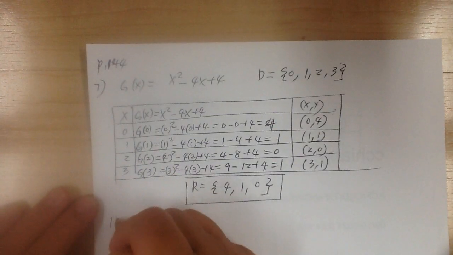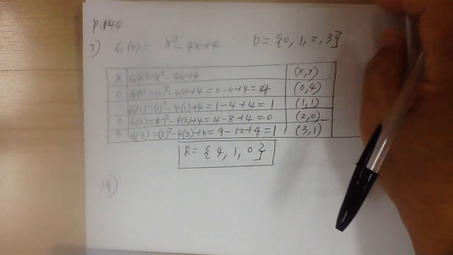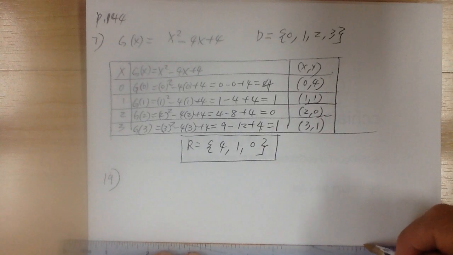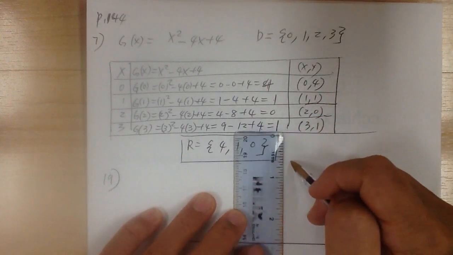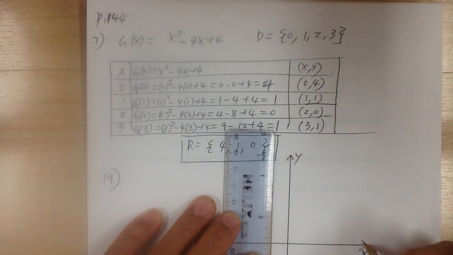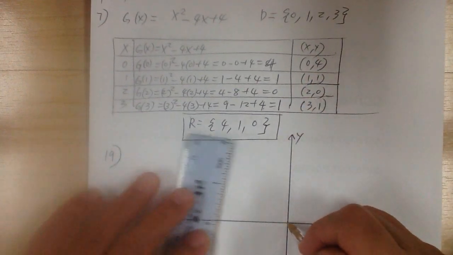Okay, next one is number 19. So you have to graph this one here for number 7. Okay, the first one is 0, 4. So 0, 4.